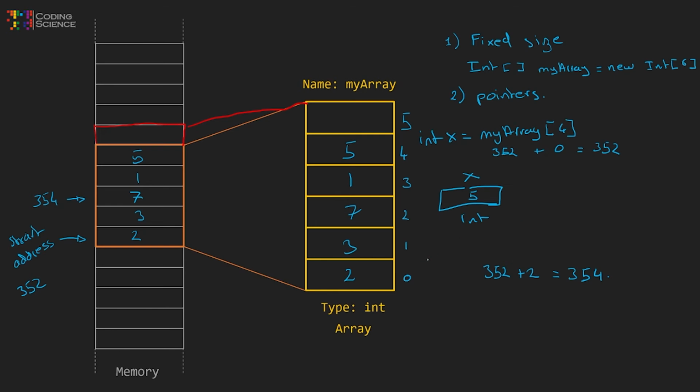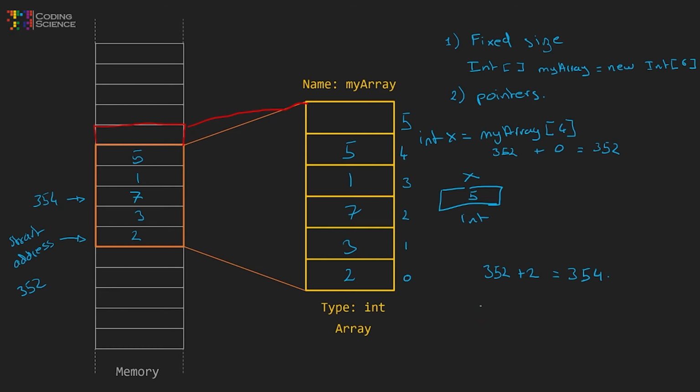This is also why you start with 0 and work your way up to the last number, which is the size n minus 1. Now what happens if you try to use an index bigger than the size of your array?